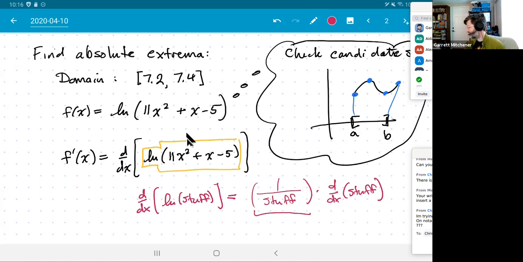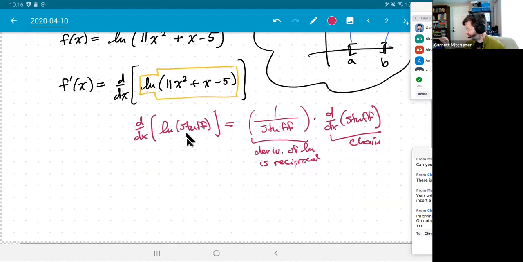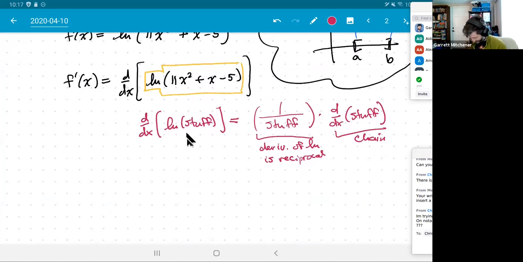So the derivative of ln is reciprocal, and then this part is just the chain rule. So take a moment and see if you can complete f prime using that piece of information.